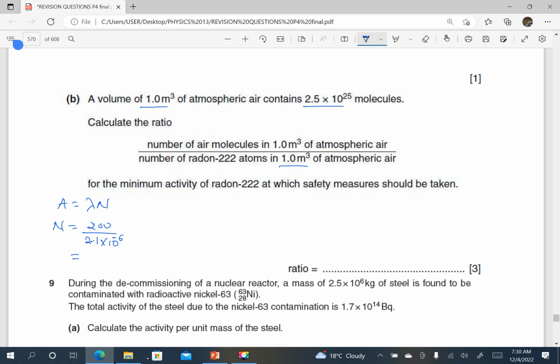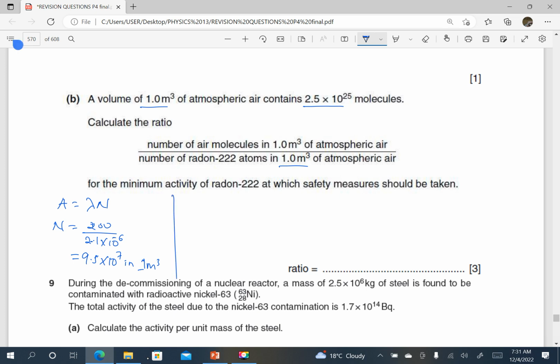So this is going to be 9.5 times 10 power 7. So this is the number of radon nuclei which should be in 1 meter cubed. When it exceeds this, then it means safety precautions must be taken.